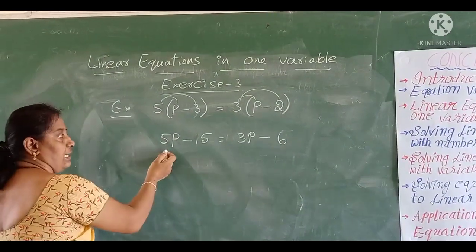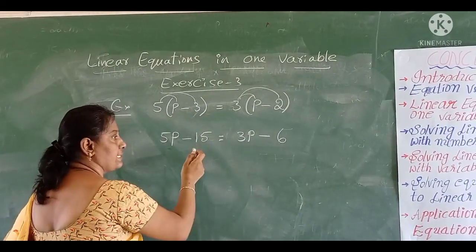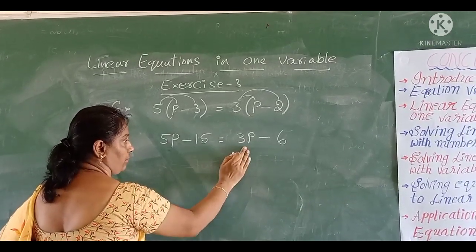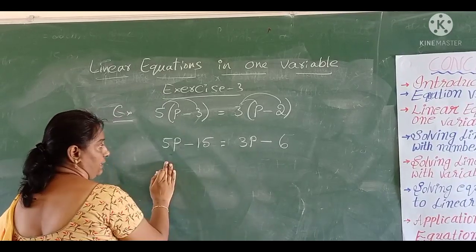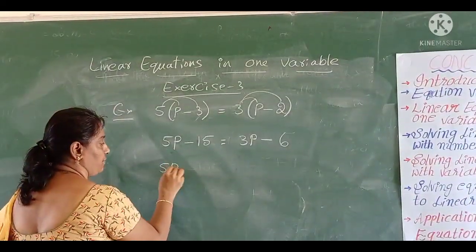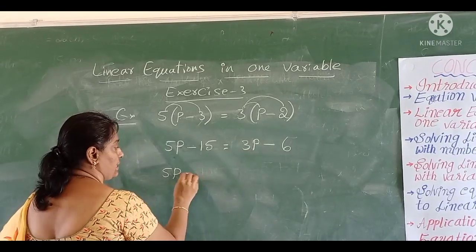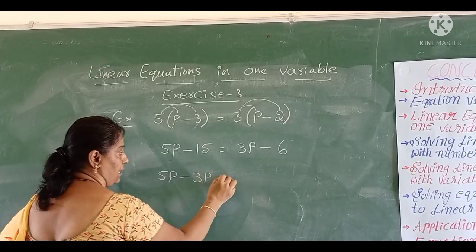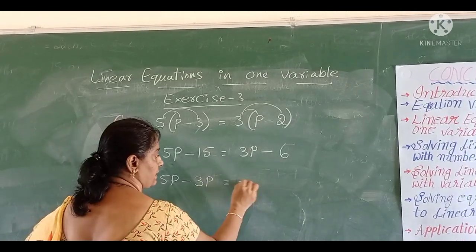So variables are on the left and right side, constants are on the left and right side. To solve the equation, move all variables to the left side and all constants to the right hand side. So 5p is on the left side. Moving 3p from the right, it will become minus 3p on the left, is equal to, right hand side is minus 6.